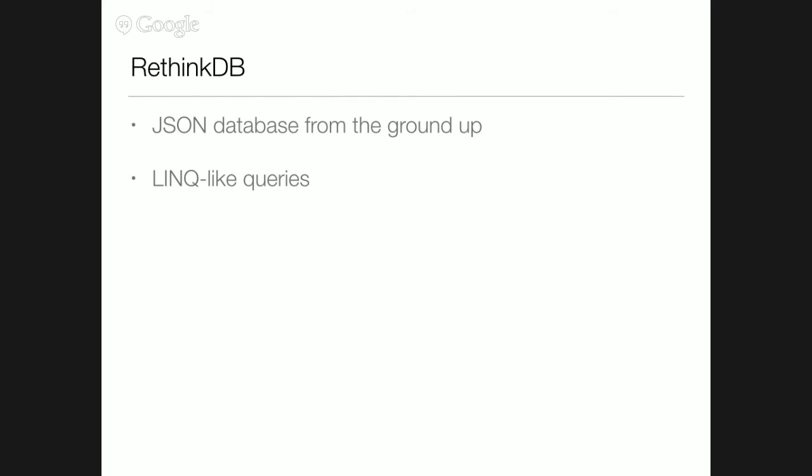For the people in here that are from the .NET world, LINQ is basically a way that you can write queries for your database in a generic way in the native language that you're writing. So it looks a lot like Ecto does, and I think Ecto's queries were designed to look like LINQ. But with RethinkDB, the client driver implements a binary protocol and builds up the query to send to the server in binary.